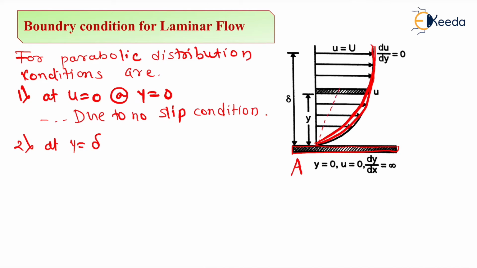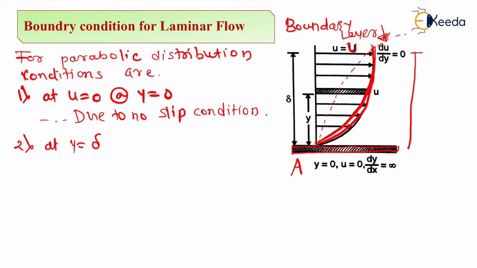Say for example here, this dotted line is nothing but the boundary layer. As per the definition of boundary layer, it is that thickness of the fluid region in which the velocity u is almost equal to 99% of the free stream value.